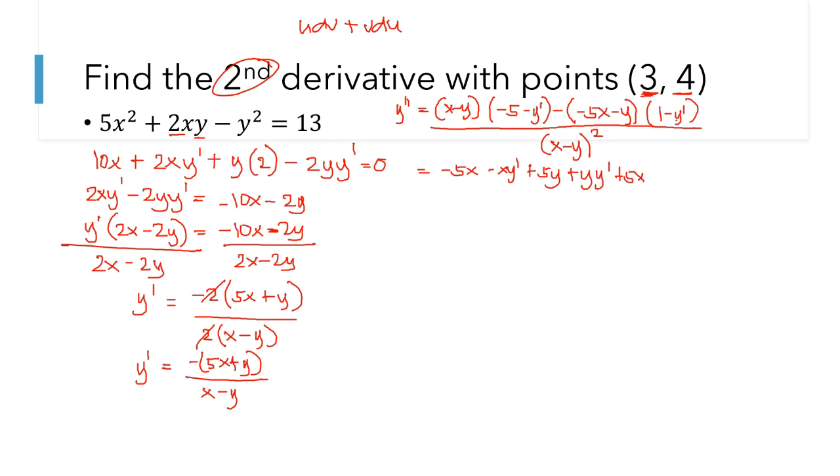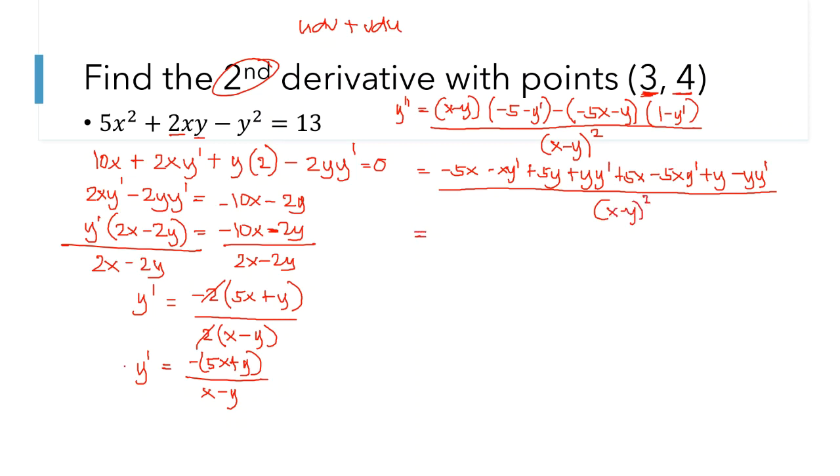Negative times negative times negative, so that would be negative 5x y prime. Negative times negative, that is positive y. Negative times negative, that is positive, times negative, that would be negative y prime. Now all over x minus y squared.